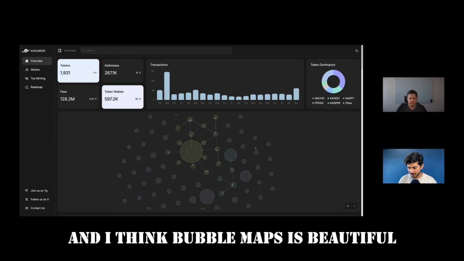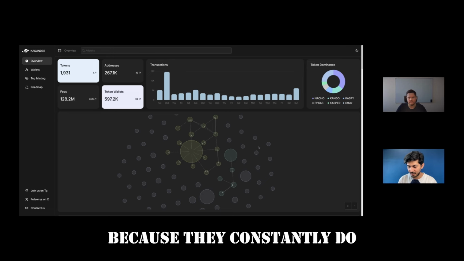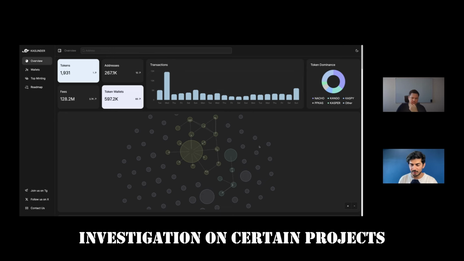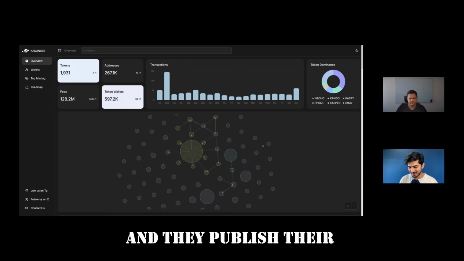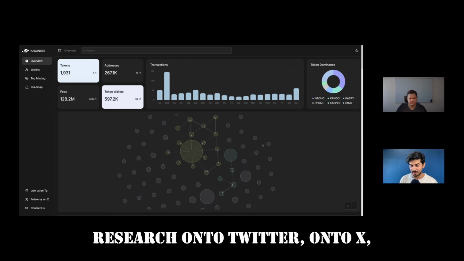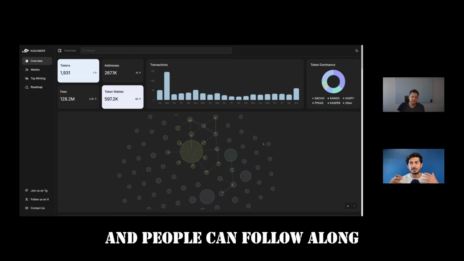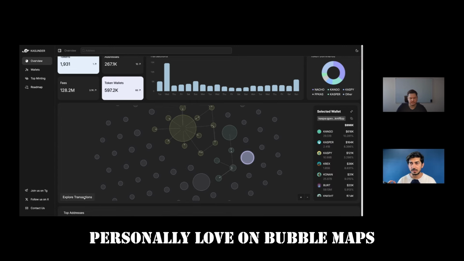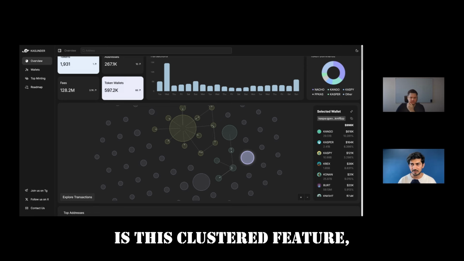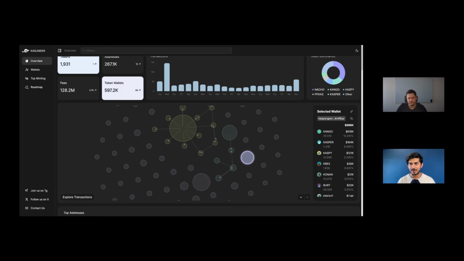And I think BubbleMaps is beautiful because they constantly do investigations on certain projects, and they publish their research onto Twitter, onto X, and people can follow along if the wallets are moving. One of the features that I personally love on BubbleMaps is this clustered feature.